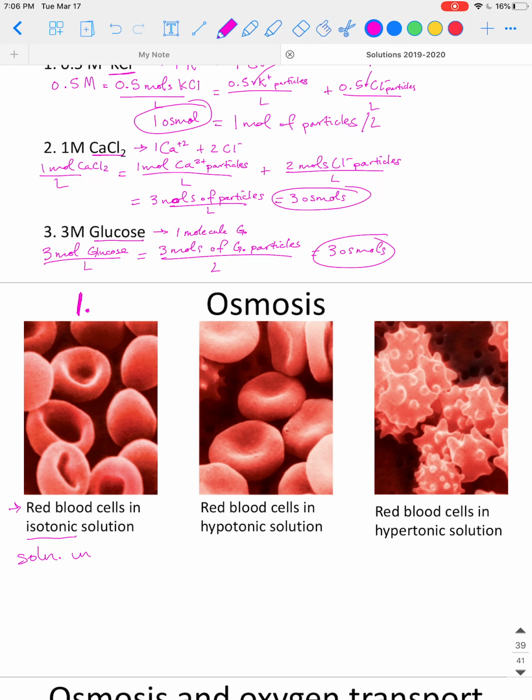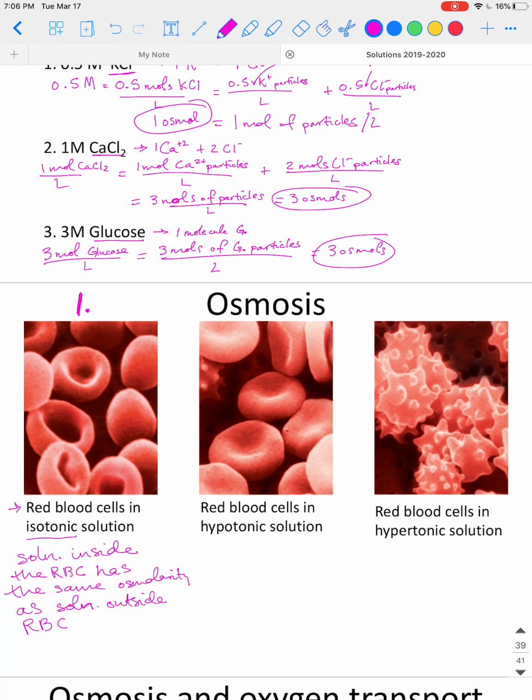What that means is that the solution inside the red blood cells has the same osmolarity as the solution outside the red blood cells.